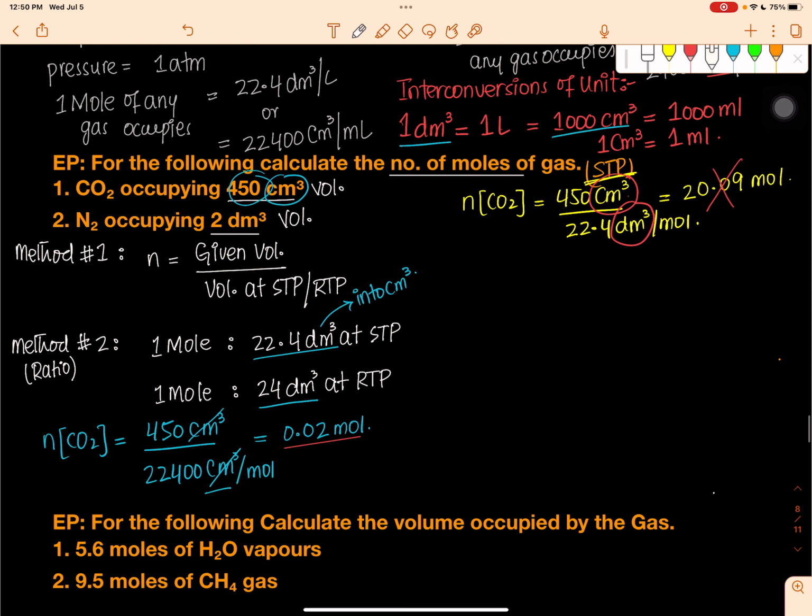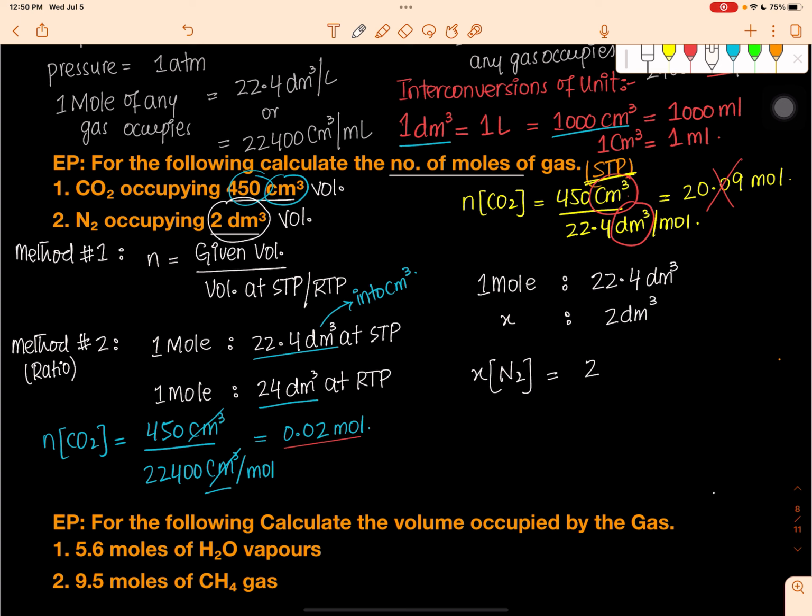So now method number 2, and in this method we will be finding out what number of moles of nitrogen there are. So 1 mole occupies 22.4 dm cube, right? Now we have 2 dm cube. So how many moles will 2 dm cube have? That is x. So x is the number of moles of nitrogen gas.